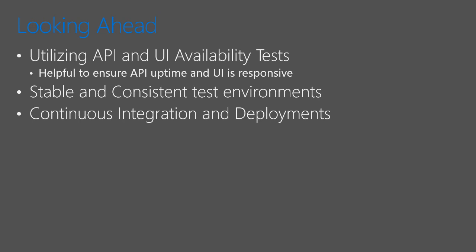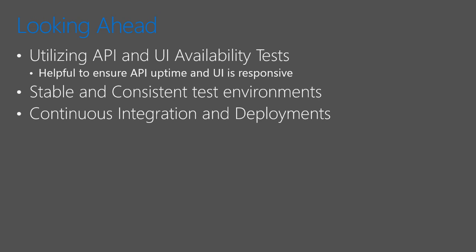So if there's any issue with that, then we would not be able to log in. And then finally, making sure I have the security, I have the authentication through Azure AD, but the authorization to do what I need to do to access the app module. So all of that could be considered quote unquote availability as well, to make sure that this is available to this user or particular set of users.